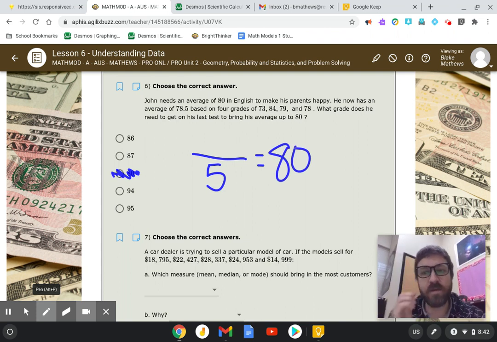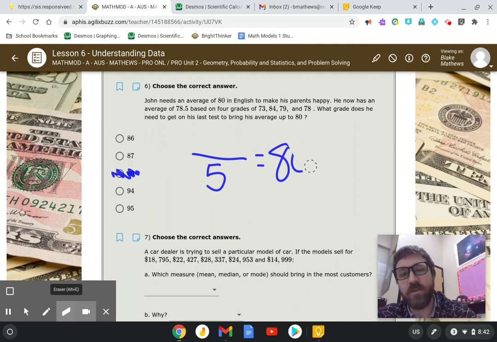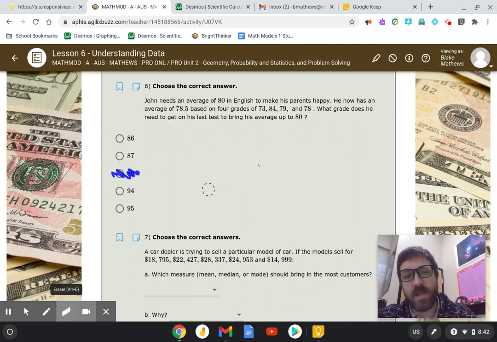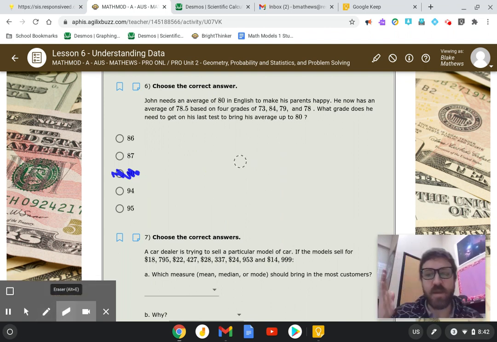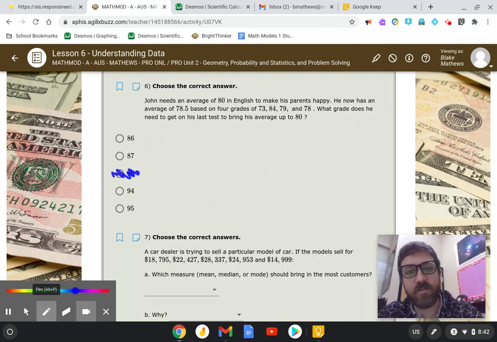So the question is, what does his total score have to be in order to have an average of 80? And really, we should know that that means we need to do 80 times 5, because if the average is 80, then the total had to have started off as whatever 80 times 5 is. So that's the first thing you're going to do.